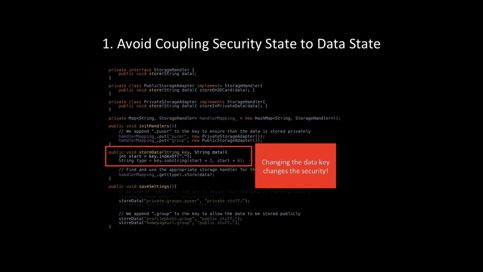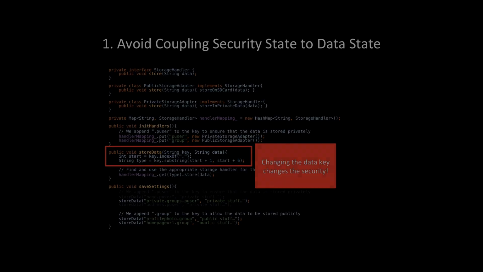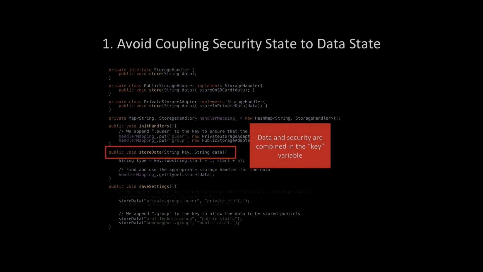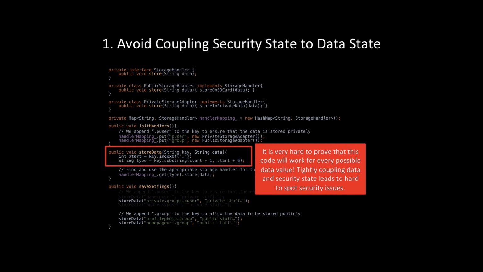If we look at this code, it's not immediately obvious if the code is always going to work. And if we hadn't happened to find the right test case to show that this code doesn't always work, we might assume that it was okay. So by coupling our security and our data state, not only can our data change our security in a way that we don't want, but we're also making this much harder to test and prove.